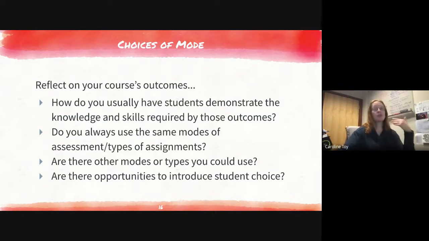And I ask you to do this with your course's outcomes and how you usually have students demonstrate those outcomes in mind. You are welcome to remove those letters in the bullet points. Those are only there because I wanted it to keep making bullet points.